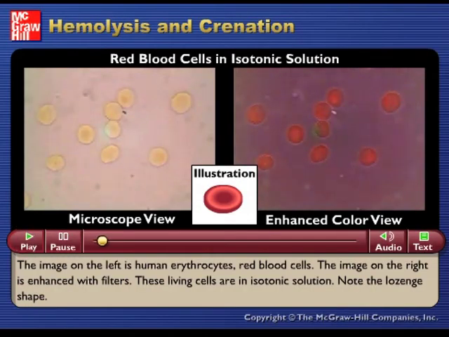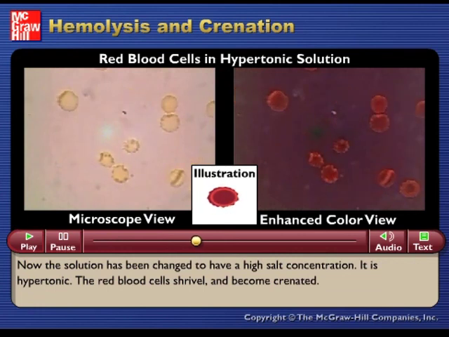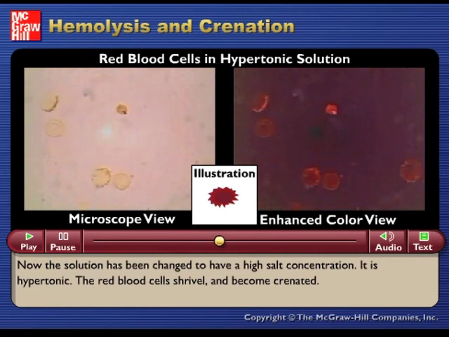The image on the left is human erythrocytes, or red blood cells. The image on the right is enhanced with filters. These living cells are in isotonic solution. Note the lozenge shape. Now the solution has been changed to have a high salt concentration.